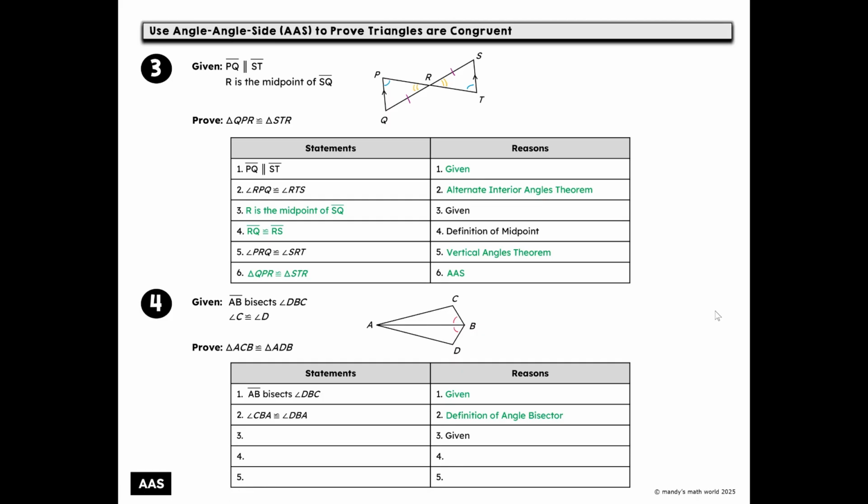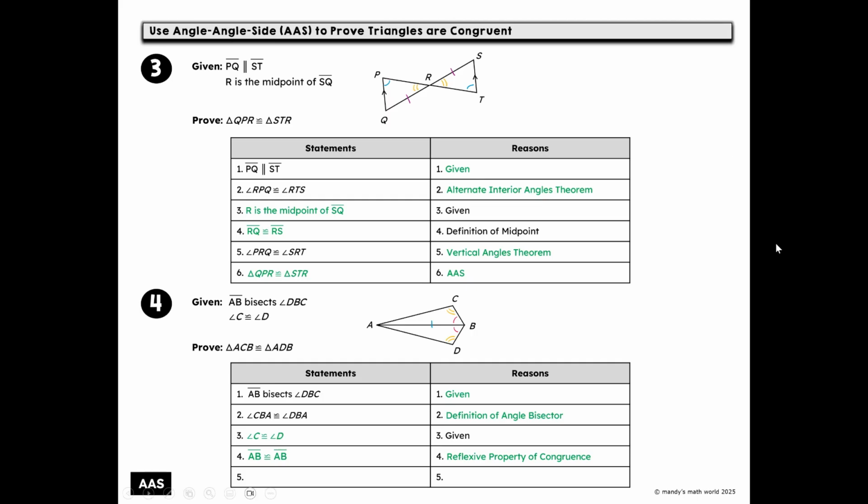All right, the next thing, we already have our reason to be given, so let's write our other given. Angle C is congruent to angle D, right there. Okay, so I have now two angles. What else can I do? What do you think you could put in your final two steps? I know that segment AB is congruent to segment AB by the reflexive property of congruence.